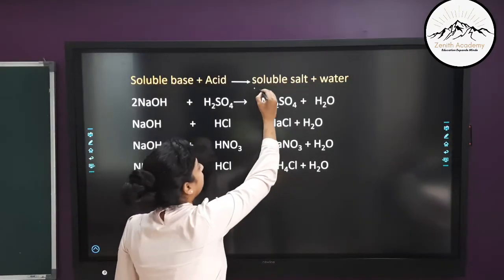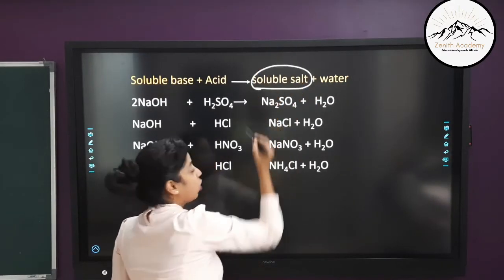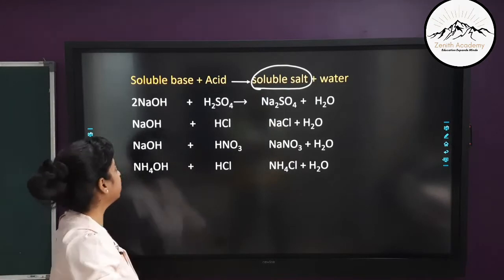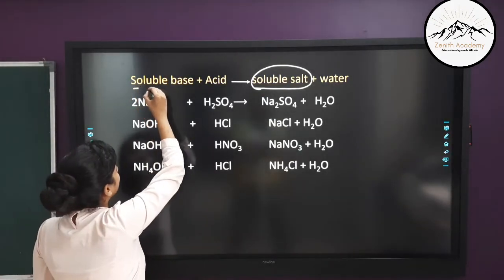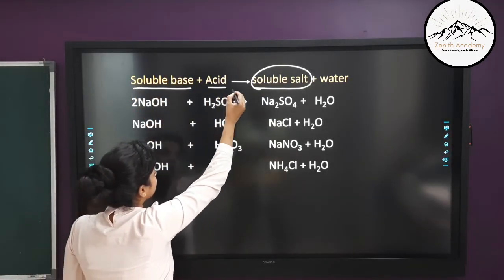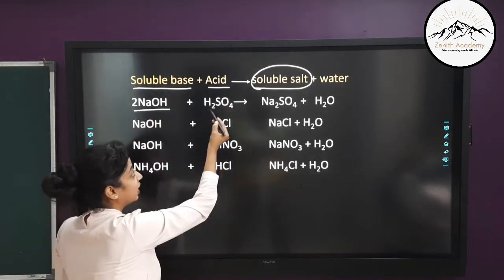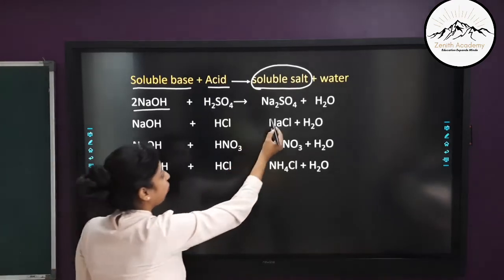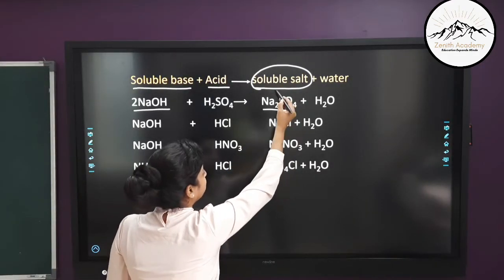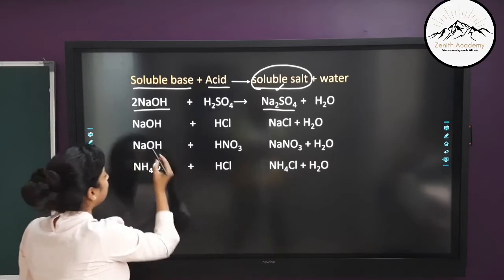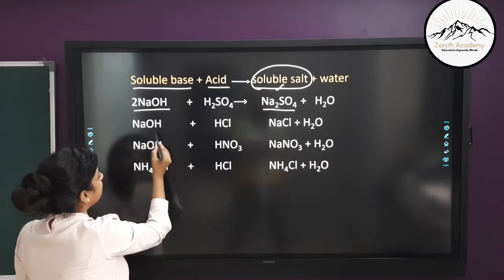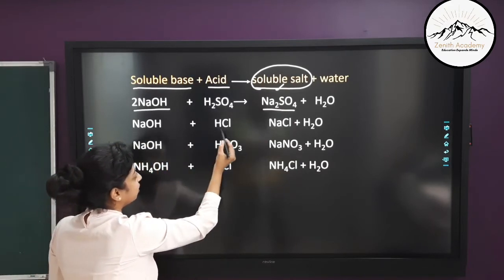So now we can form a soluble salt with the help of titrations. How? By reacting or titrating soluble base with an acid. So here you can see I have taken a soluble base, sodium hydroxide, reacted with acid, sulfuric acid, to form sodium sulfate, which is a soluble salt. Then next example is NaOH, that is sodium hydroxide, with HCl.